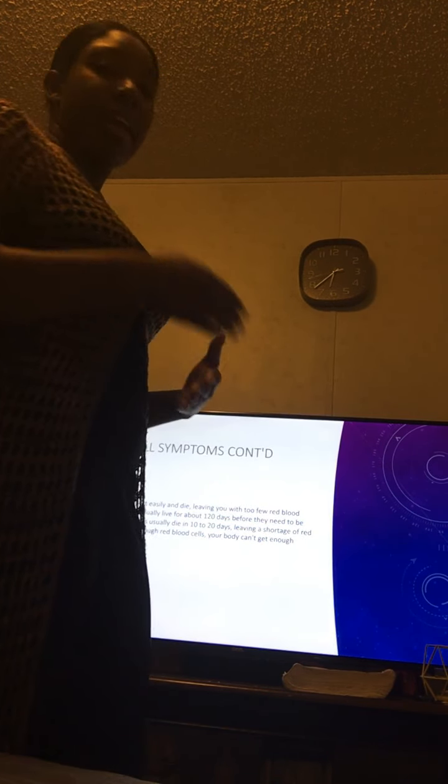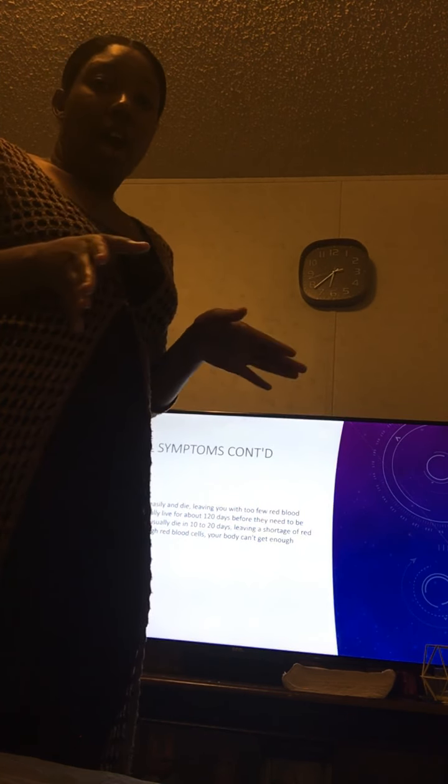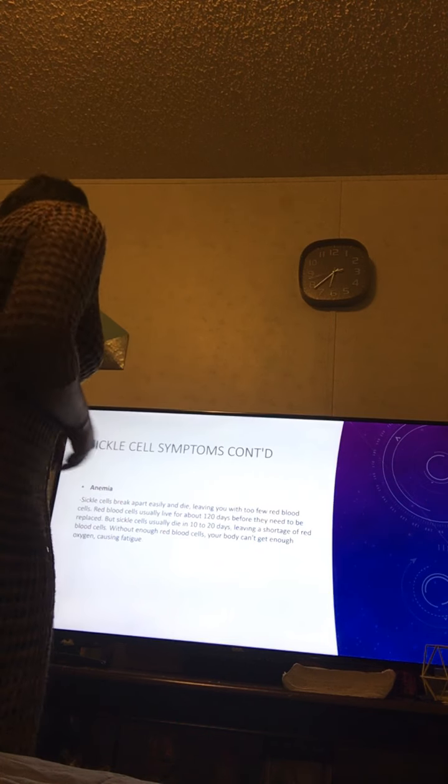It says without enough red blood cells, your body can't get enough oxygen, causing fatigue. So you can have fatigue because your body isn't getting enough oxygen. Like we said before, there's a blockage, so you're not getting enough oxygen and enough blood that's trying to push through. So that becomes a problem. So let's go on.